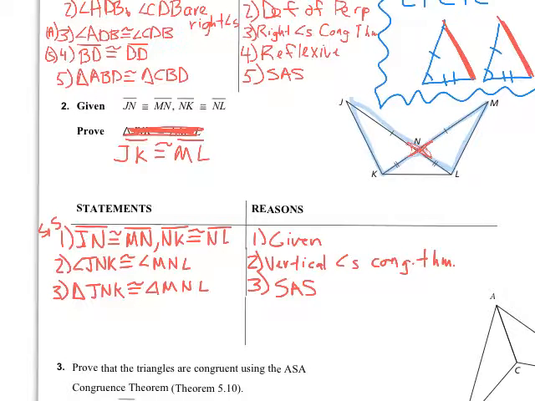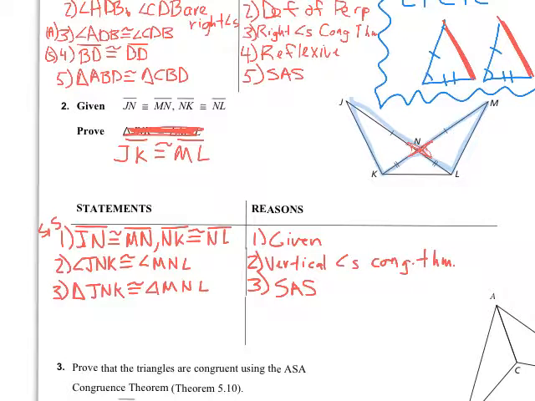Okay, so now that we know the triangles are congruent, now what can we say? CPCTC. Yeah, so that's going to be our reasoning. But what can we say as our statement? Yep, JK is congruent to ML, right?